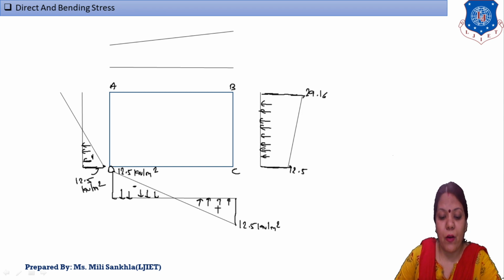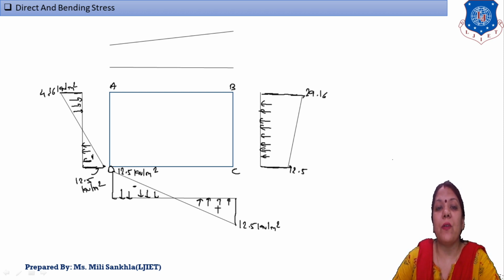Corner A answer is 4.16 and positive, so draw below the reference line, 4.16 kilonewton per meter square.